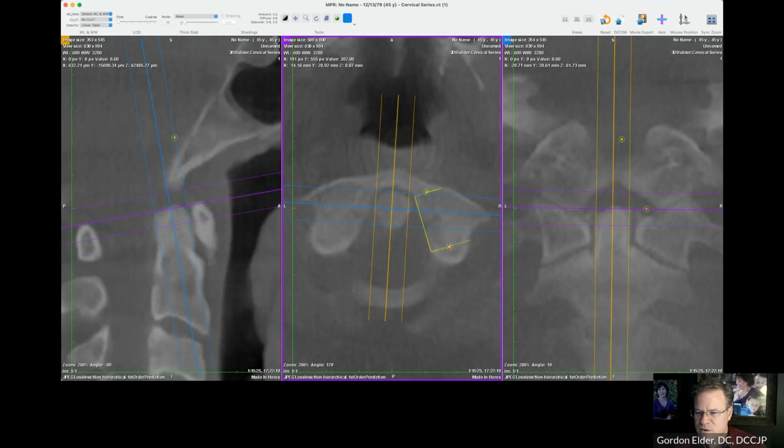Now measuring this angle exactly is only useful, well, it's got a couple of uses. One of the uses, the most important for us right now, is to be able to find the right spot on this joint to see where it's lined up or not lined up, because not every spot is going to be lined up naturally.